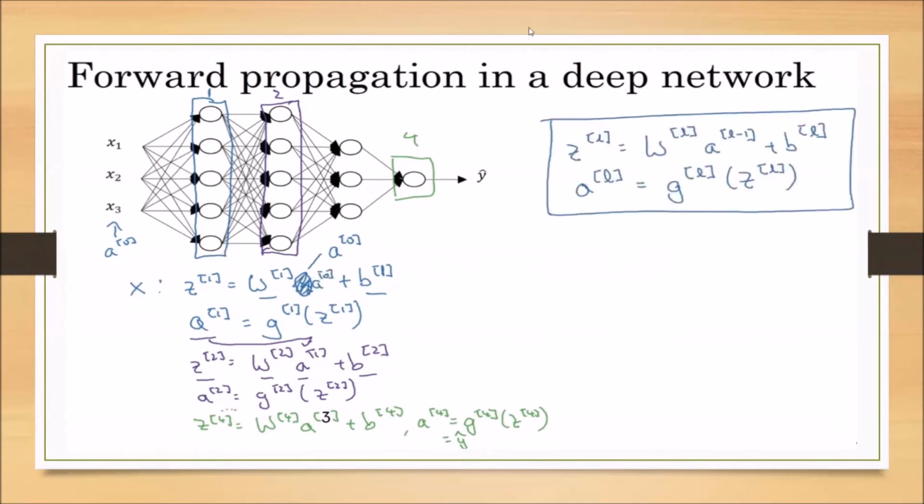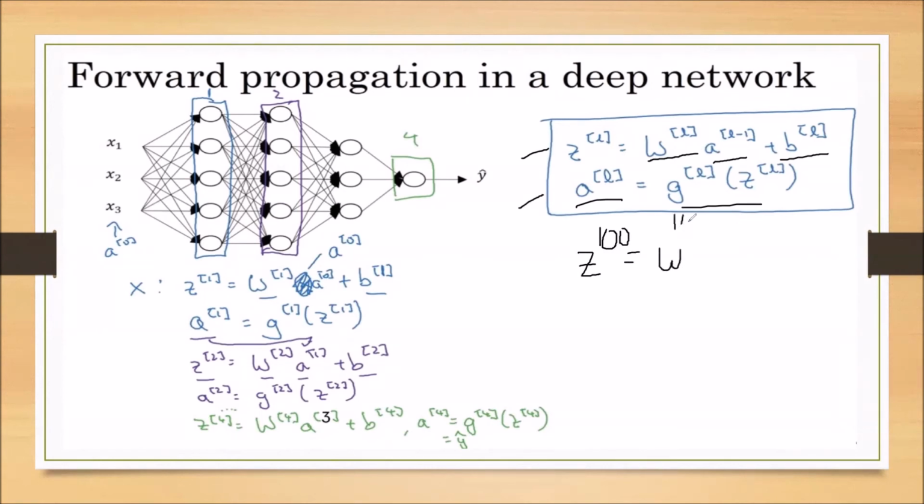Now, as we have already discussed for a single training sample and for M training samples, we are now seeing the generalized form. For a single training sample, Z^L is equal to W^L into A^(L-1) plus B^L. From this, A^L is equal to G of Z^L. I want to apply it to, for example, the 100th layer. I want to know the Z values of the activation units in the 100th layer, so I write Z^100.